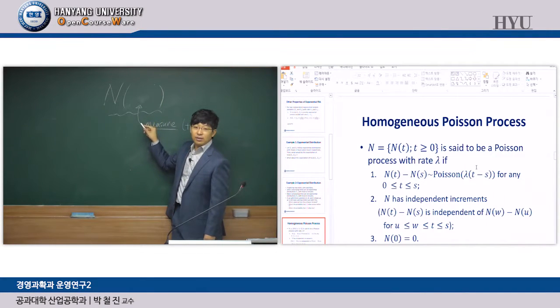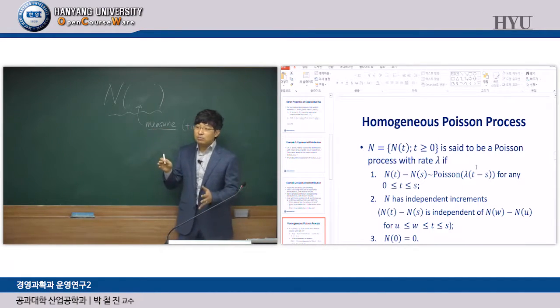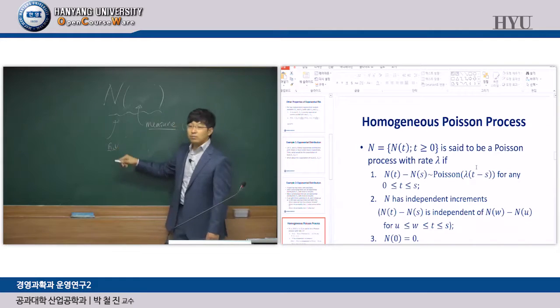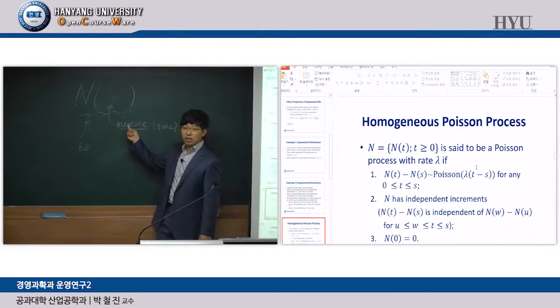We call this generally a point process. A process represents such a random variable. Actually, this random variable is a function of the measure, and usually we consider a time measure.